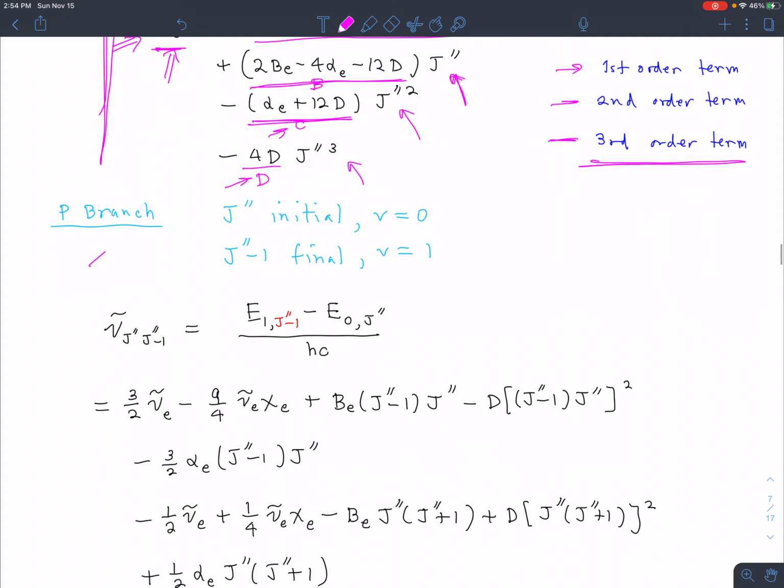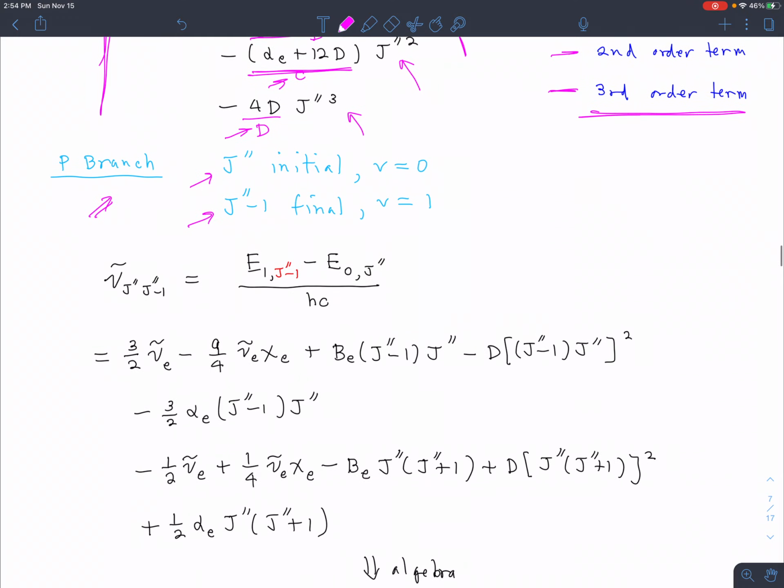We can do the same thing for the P branch, except now it's J double prime goes to J double prime minus 1. So everything's the same except it's J double prime minus 1 instead of plus 1 in this term.